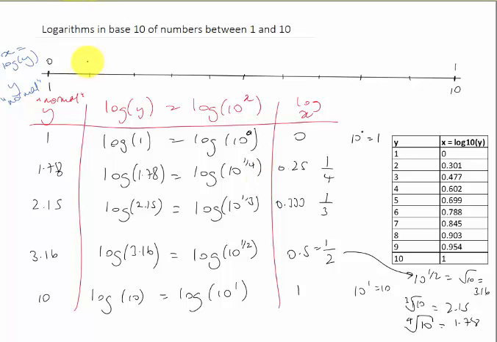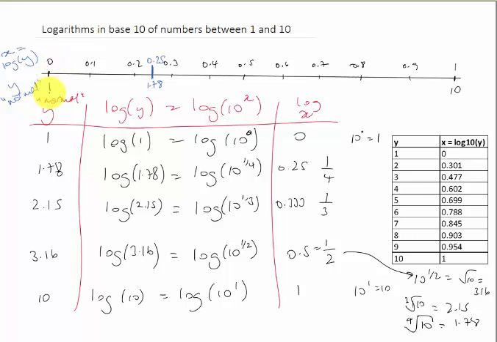So this is meant to be nice and evenly spaced here for the logarithms. Here are logarithms. So our log is 0.25, so that's here. And we know that the normal number that corresponds is 1.78.